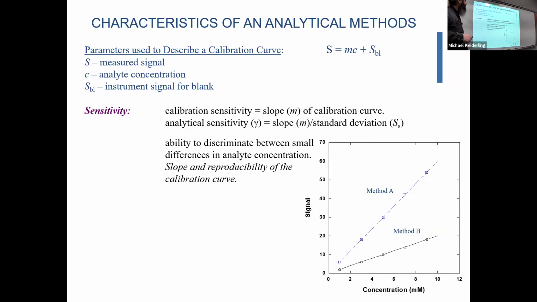And the ability to discriminate between small differences in analyte concentration has to do with the slope and reproducibility of the calibration curve. A higher calibration sensitivity, a higher slope, allows you to differentiate between smaller differences.